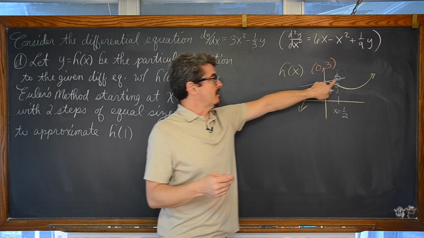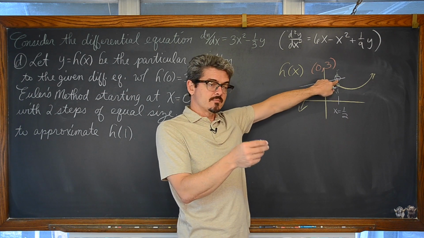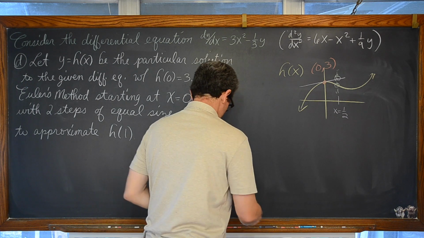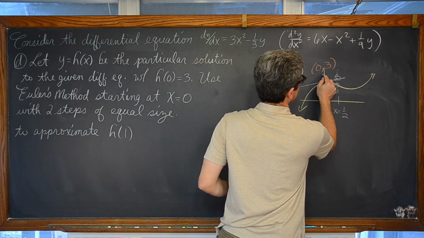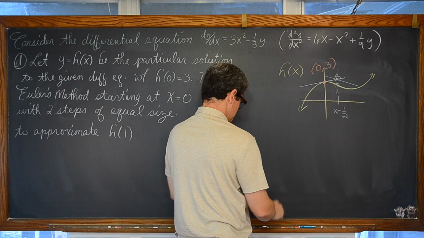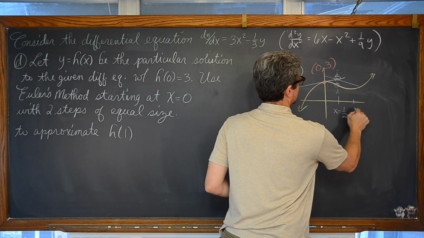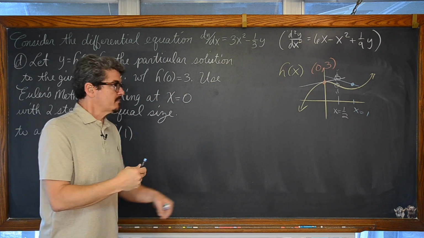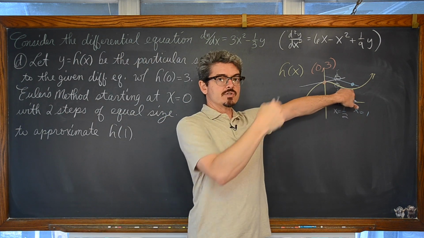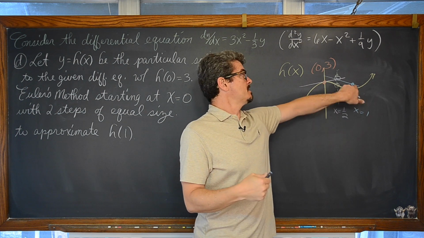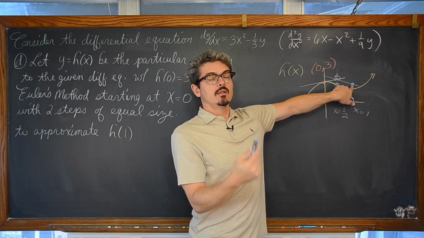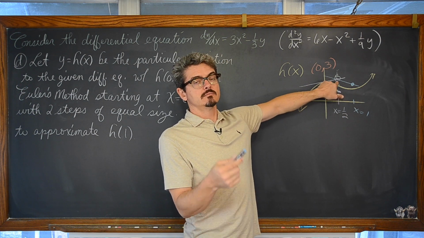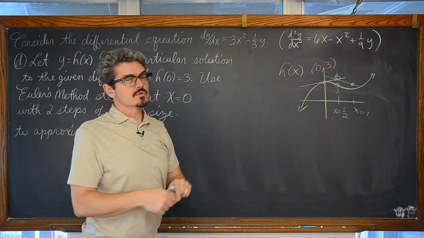And so then we're going to analyze the slope at our estimated point, and then off of that, and we see our graph is dropping here, come up with another tangent line, and then step over to the x value of 1 and estimate again where function h is at 1 using this next tangent line that we found using the previous estimated point and the slope from the differential equation.